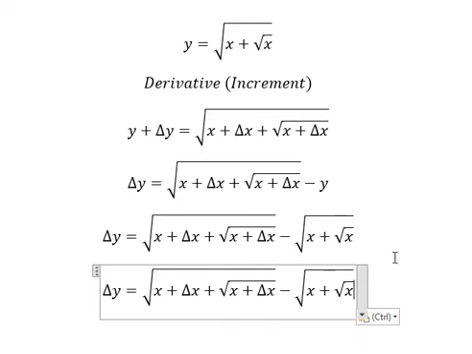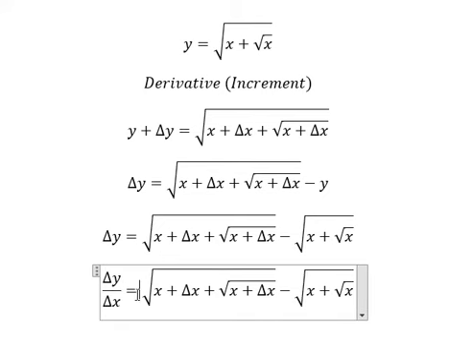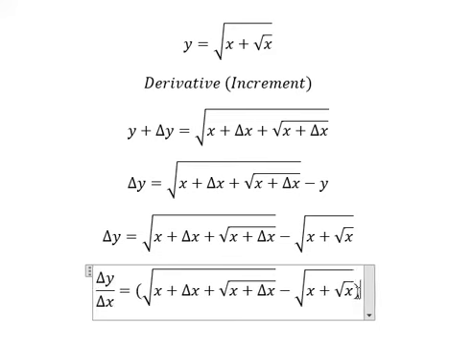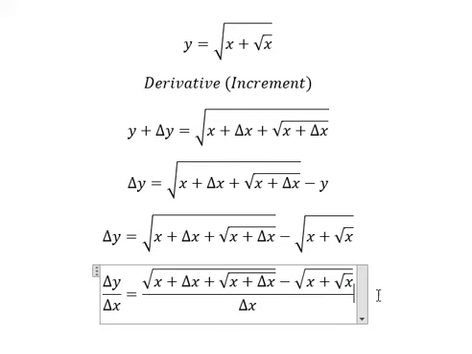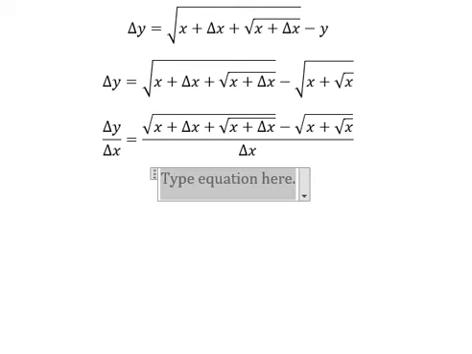Next, we need to divide both sides by delta x. Next, we put the limit with delta x approaching 0 on both sides.